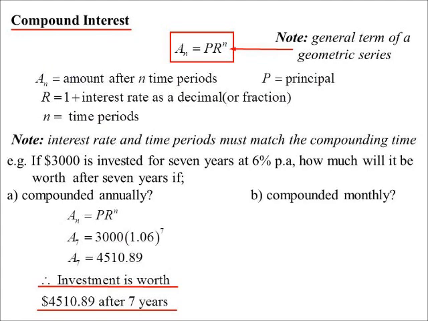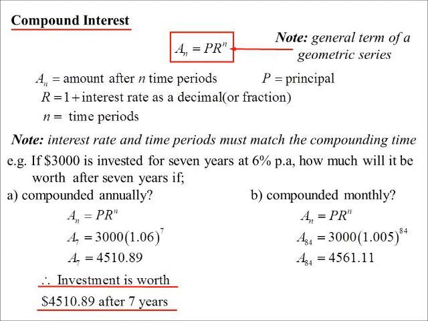So if we were to compound monthly instead of annually, same formula of course, but we've got to change our interest rate because that's quoted per annum. We want that per month. Oh, what's that lucky? 6 divides by 12 nicely. And we get 1.005, but now it's not 7 years, it's 84 months.